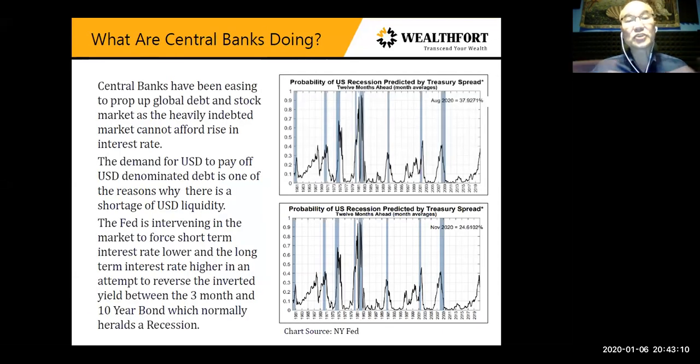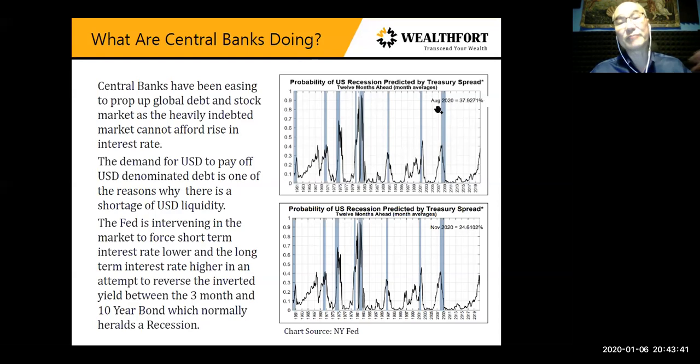So what are central banks doing? You can see here are two charts. The New York Fed actually has a predictive model for a coming recession. In August 2020, the probability of a recession is 37.9%, when they forecast in August 2019.